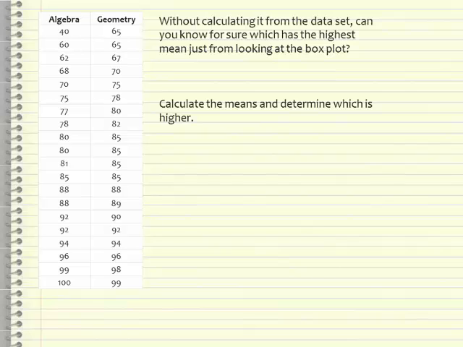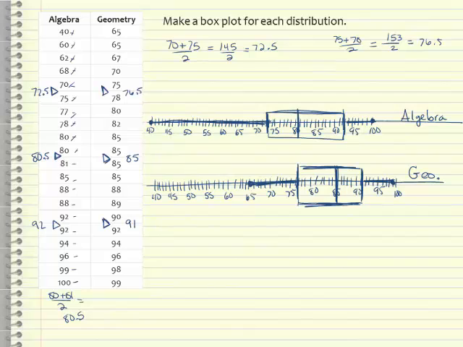Okay, looking at the box plots. So let's go back and look at the box plots really quickly. So here are our box plots, and we want to say, looking at the box plots, which one do we think has the higher average?